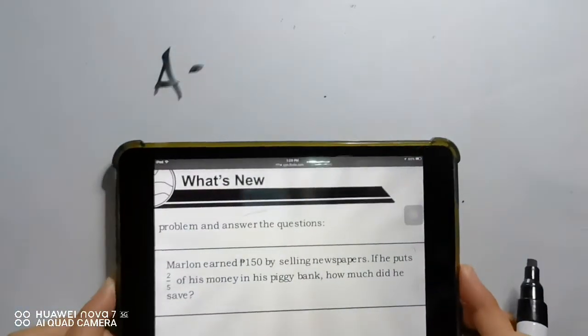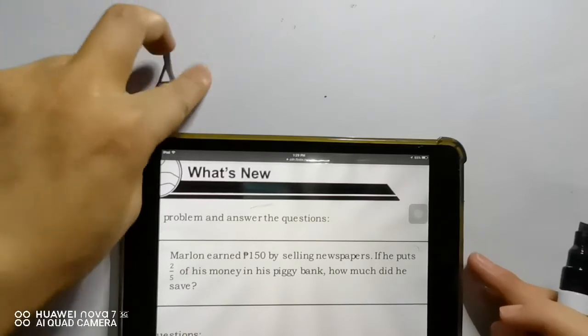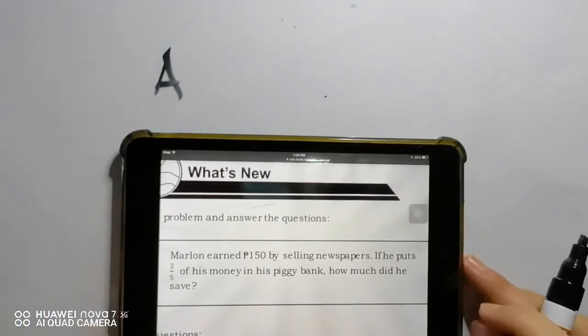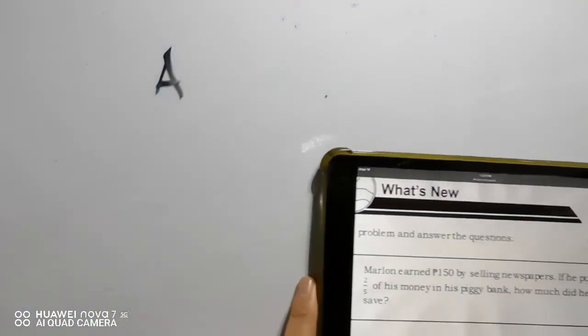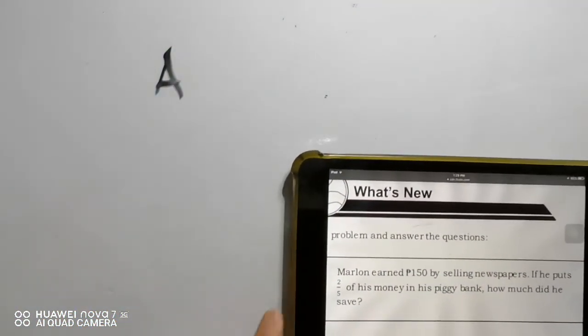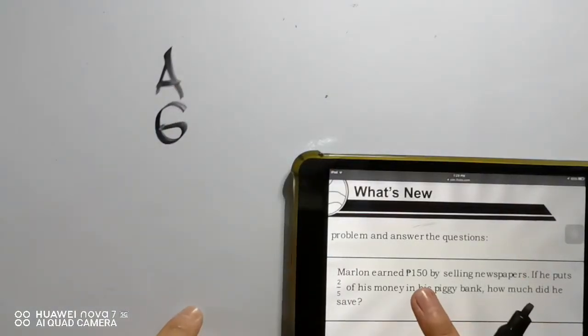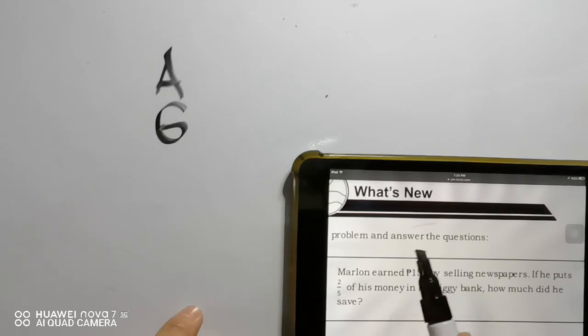Then the given. So the given numbers are 150 and 2/5. Okay, so 150 and then 2/5.